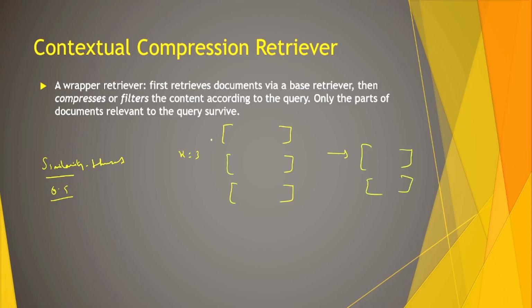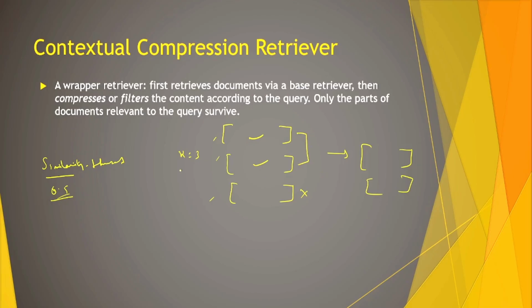Suppose among 3 documents, this document and this document got the threshold value of 0.5, then we get only these 2 documents. This document will be removed. Okay, we perform this operation because using it we reduce the noise first of all. Secondly, we can limit our tokens, and third, we can get more relevant documents.